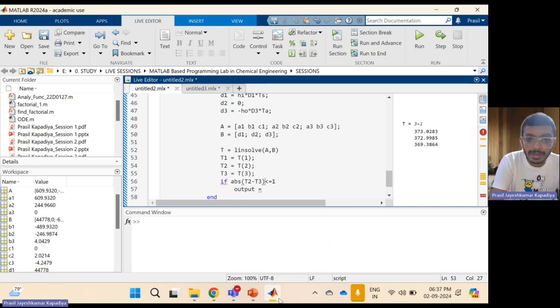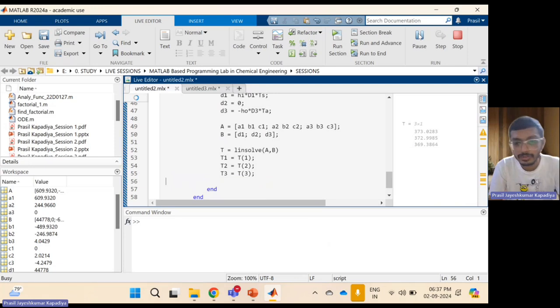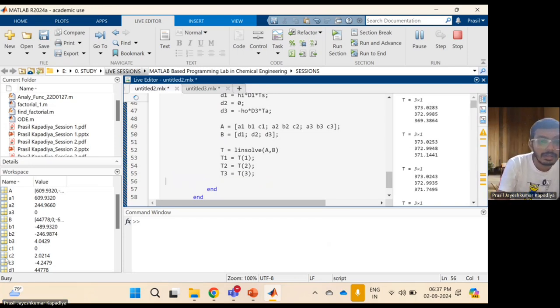Let's do one thing. Let's first run the code and see what we are getting. When I run this code, it's going to take time.